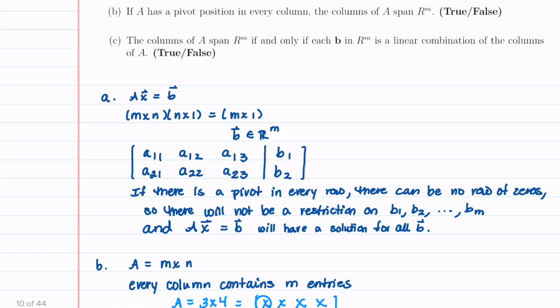A is m by n, and to make the multiplication work, x has to be an n by 1 vector. Then by default, you cross these out, and b has to be an m by 1 vector. That's why they say that b is an element of Rm. Okay, so that part's okay.